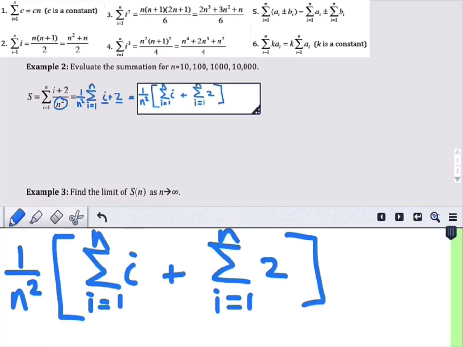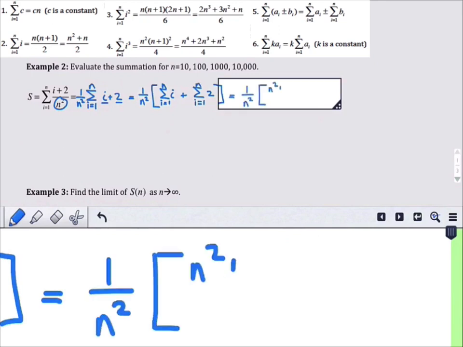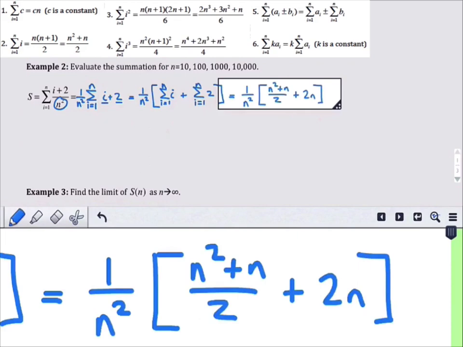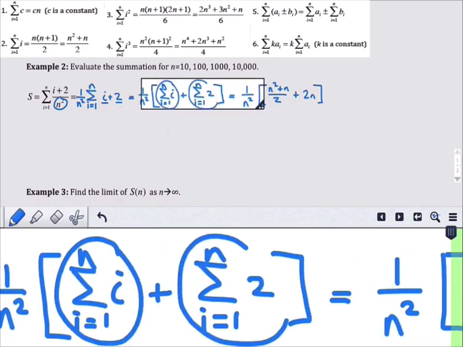Now let's use the formulas for each of the sums inside there. So we're going to get 1 over n squared times (n squared plus n) over 2, and then plus 2n. I was just using my formula here for the i and for the 2.